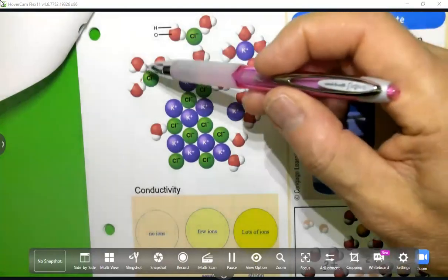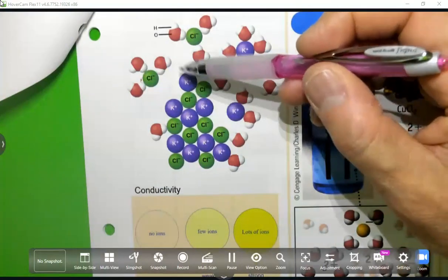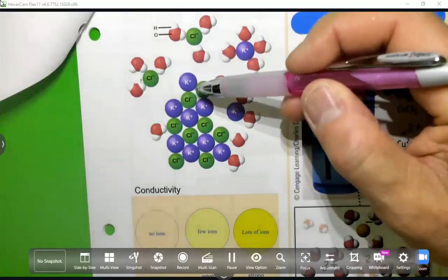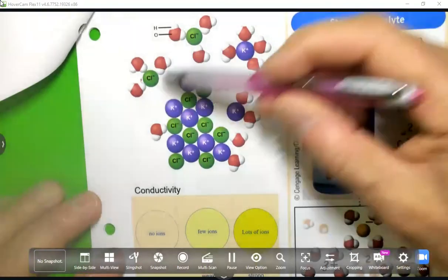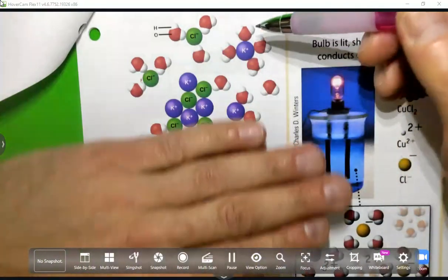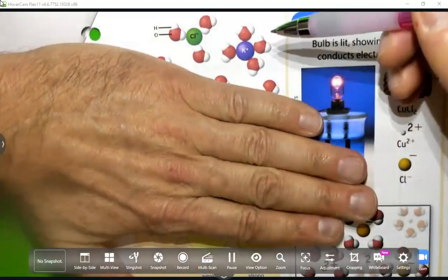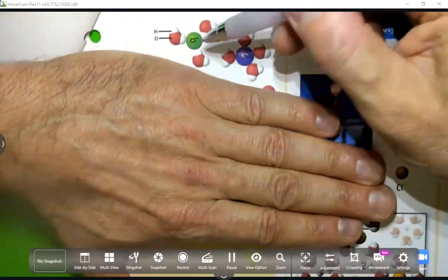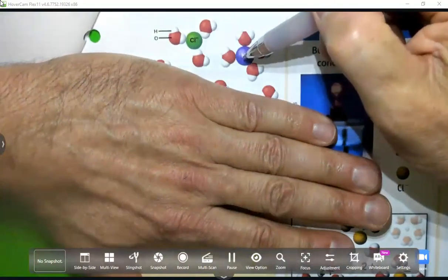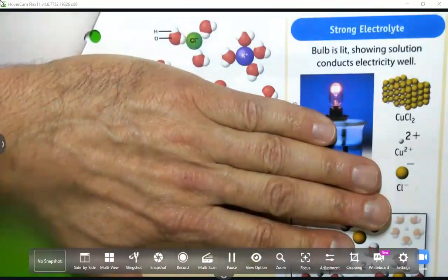So the question is, can water come in and surround it and shake it off enough as the molecules are moving in there and separate it? And once it separates it, it blocks it from getting back together. So now this you do not see with the naked eye as this floats around in solution.